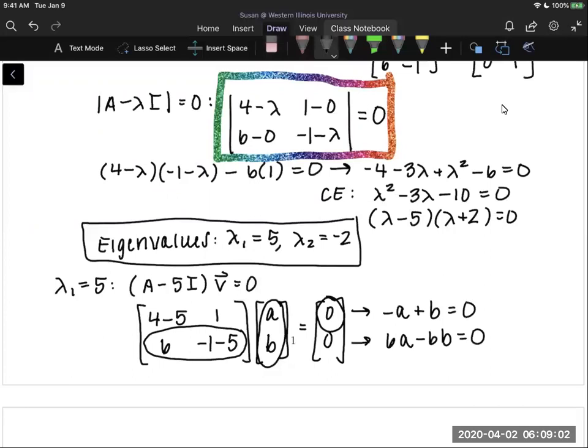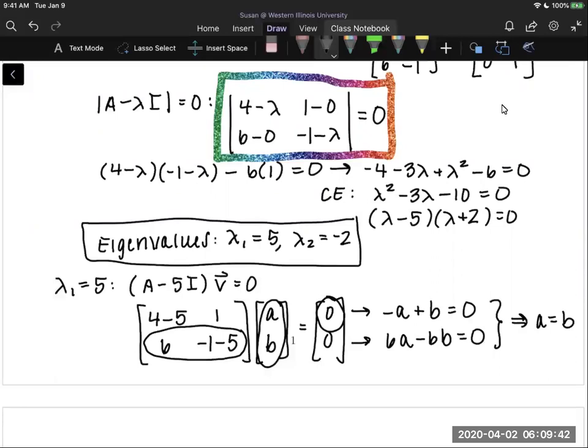You can see fairly quickly that these two equations are equivalent, and both give you that a equals b if you shift them around. So we didn't solve for a and b explicitly, but we identified a relationship: a and b must be equal. This tells us there are infinitely many eigenvectors associated to the eigenvalue 5, but they all look the same in that they have equal entries a and b.